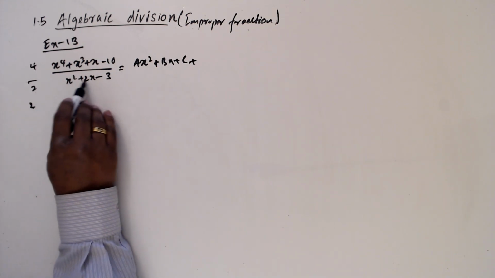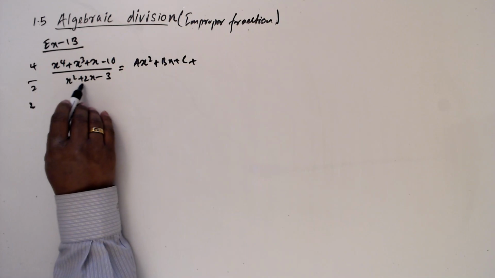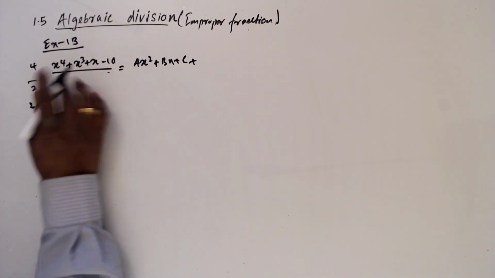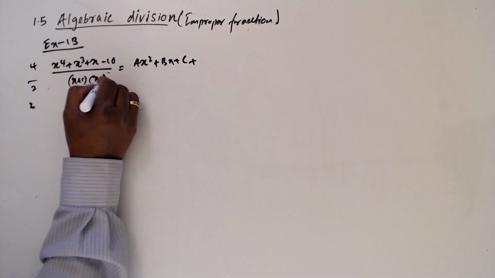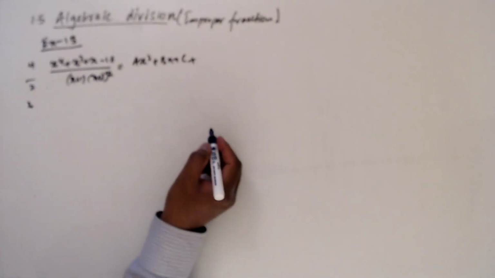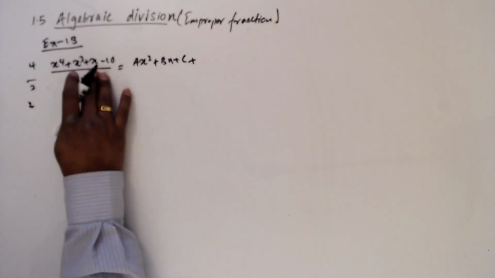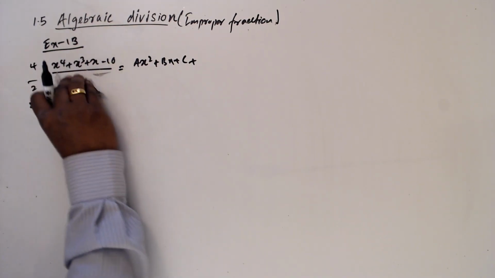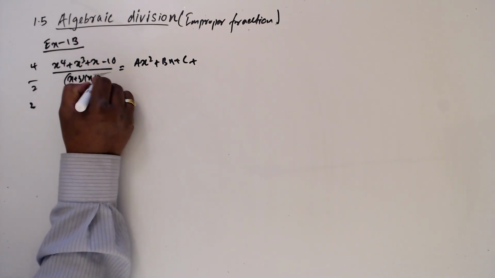Can I write this as a factor? No, this is an irreducible factor. If it is assumed to be x plus 1, x plus 3 square, then you can write this, okay, we can do that. We'll write x plus 3, x plus 2.